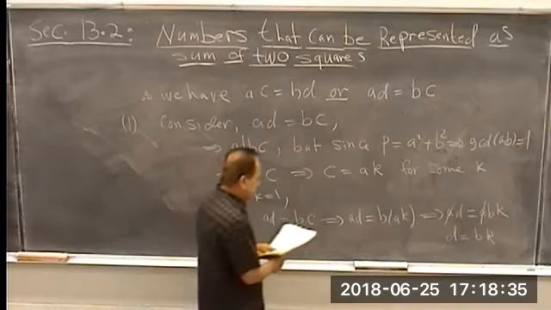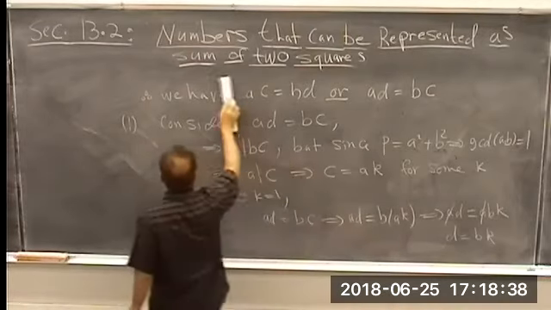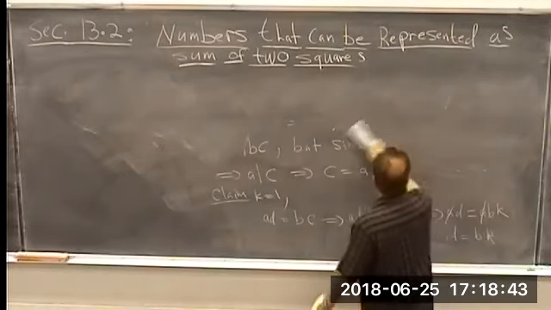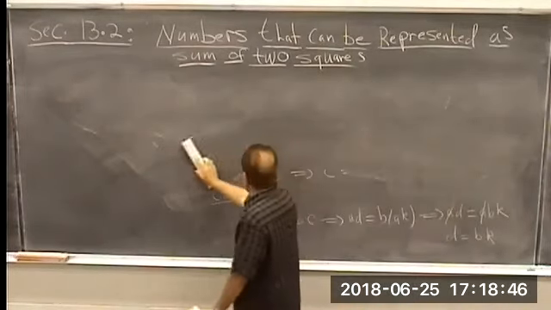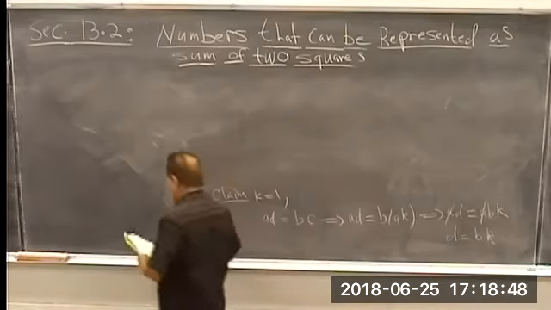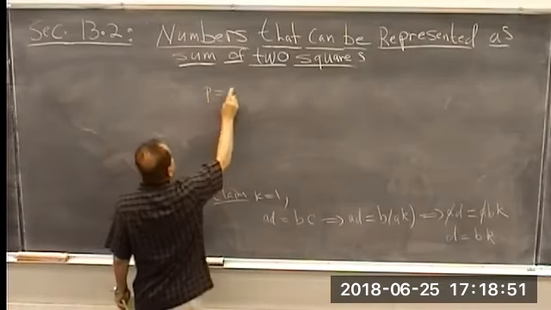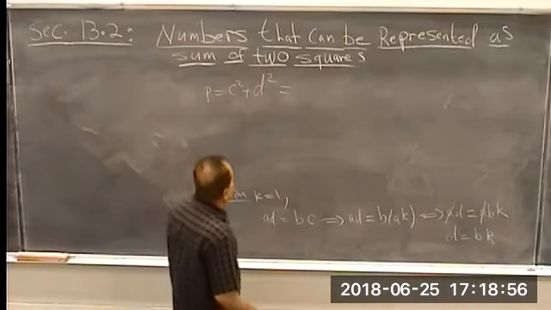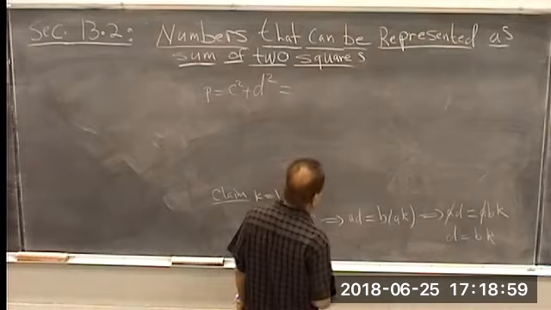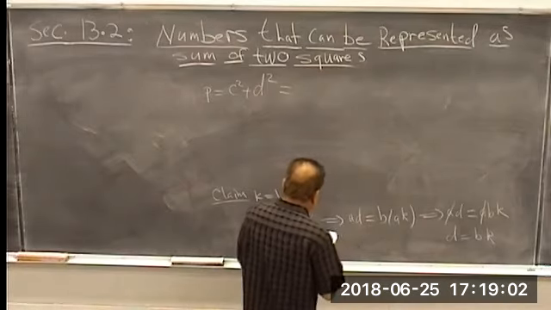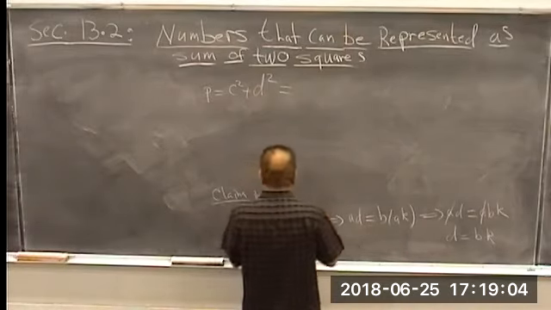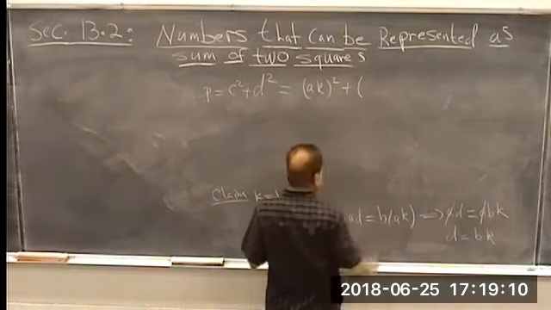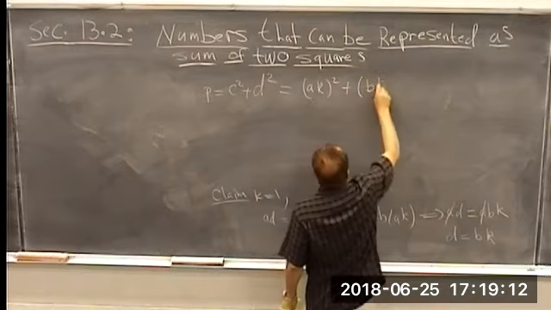And now, there's a lot of kind of tricks in here. So let's go back to this representation of P. We have P equal to C squared plus D squared. And from here we can substitute for C, remember C is equal to AK, squared, plus D is equal to BK, squared.